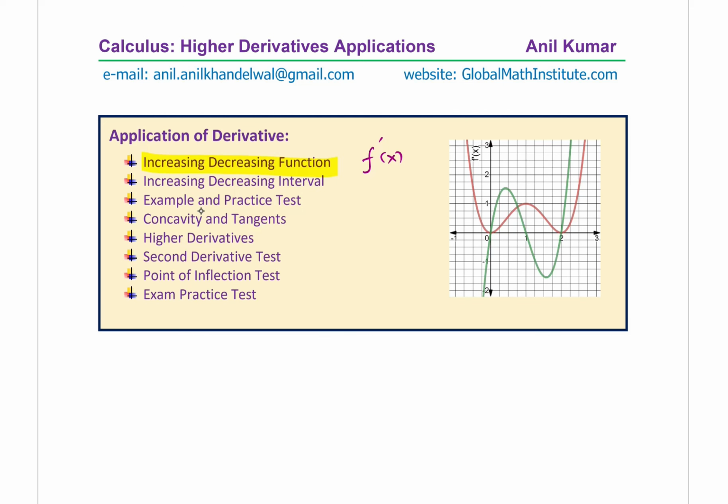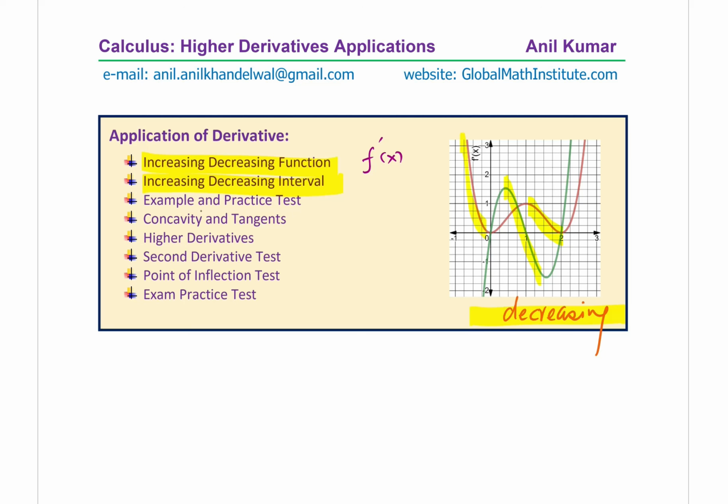For example, this function is decreasing in this interval. The other function in red is decreasing in this interval, correct? And in that interval. So the highlighted portions I'm showing here are decreasing. So these may have some interval, and that is what we talk about increasing and decreasing interval.